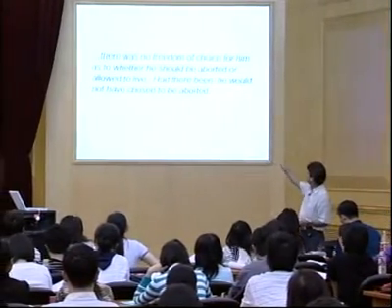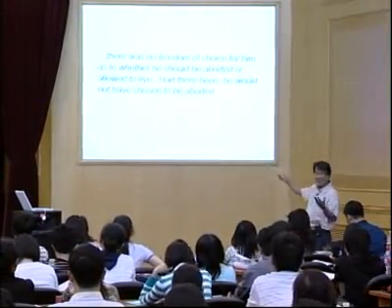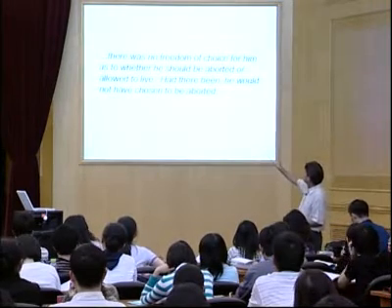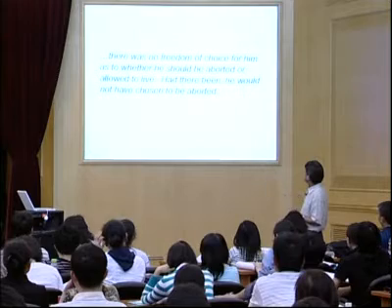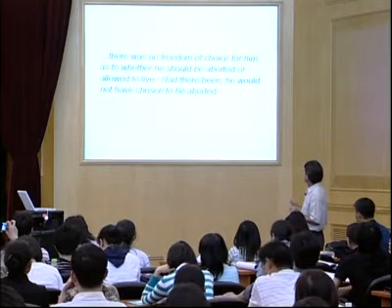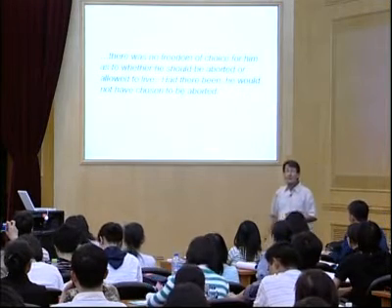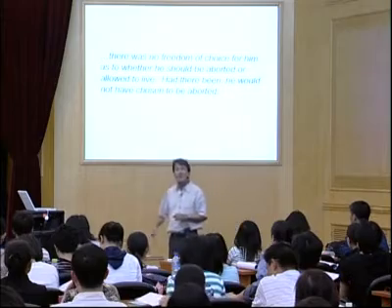And it's about a particular individual. And it says here, there was no freedom of choice for him as to whether he should be aborted or allowed to live. Had there been, he would not have chosen to be aborted.